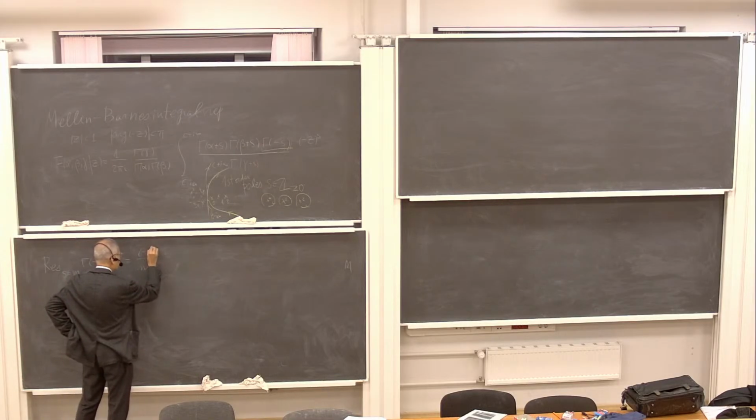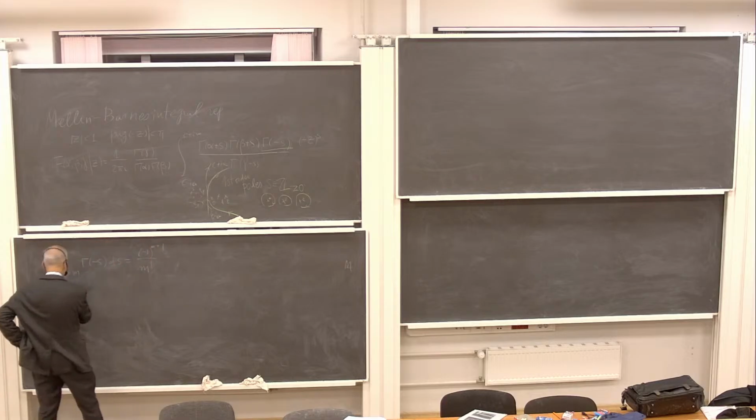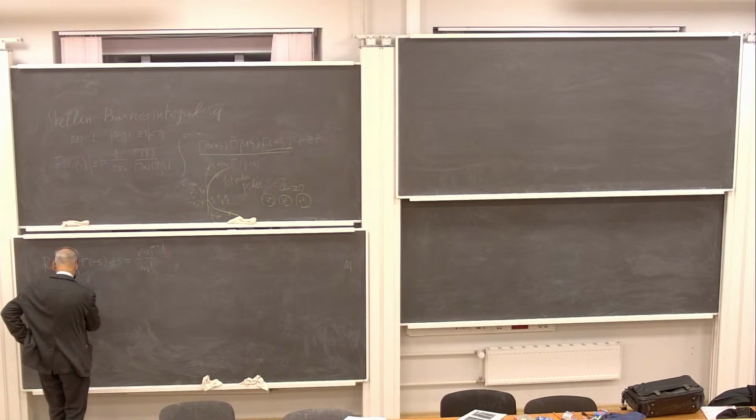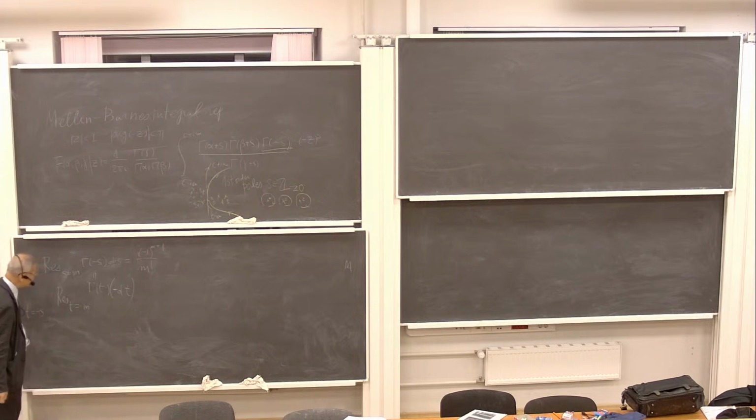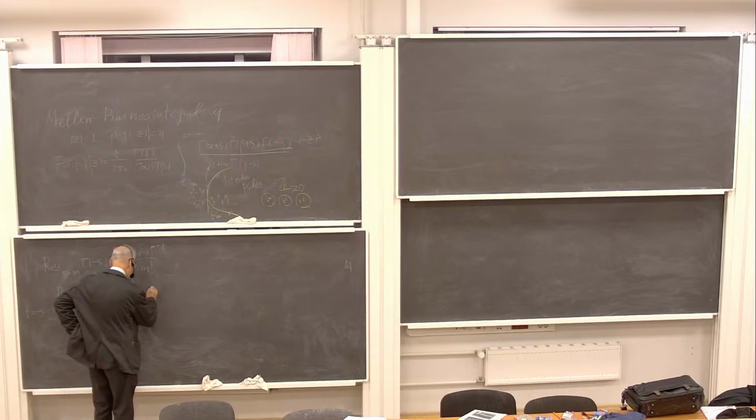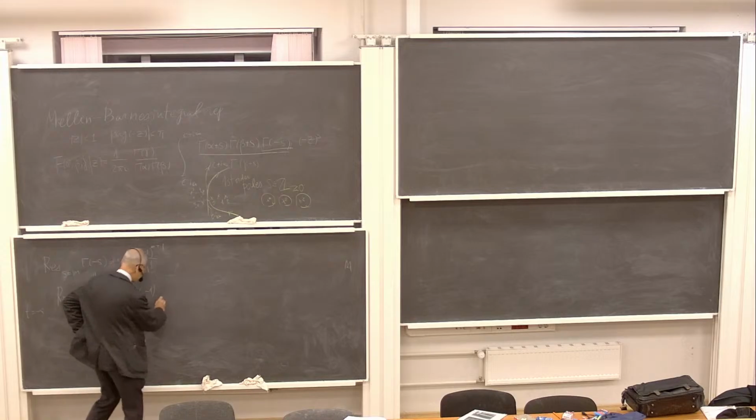In fact, this is the residue at t equals minus m of gamma t dt, with m factorial and minus 1 to the power m.